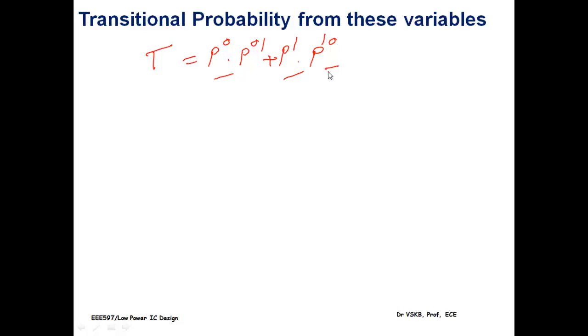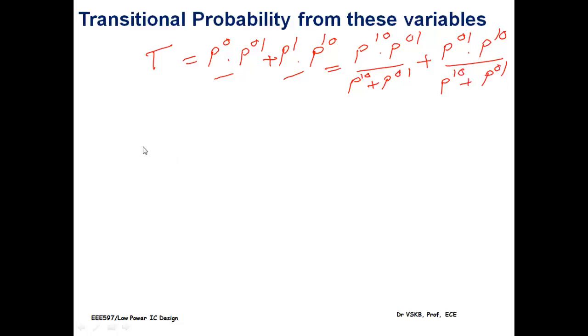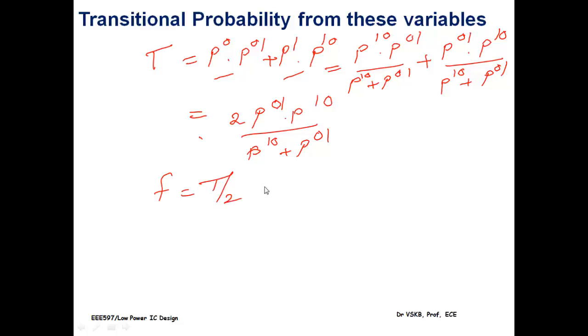That would be equal to P10, P01 divided by P10 plus P01 plus P01, P10, the states changing, divided by the same P10 plus P01. This becomes equal to twice P01 into P10 divided by P10 plus P01.